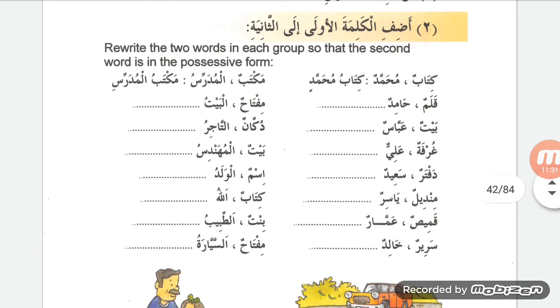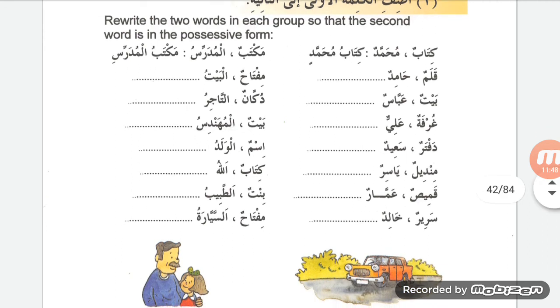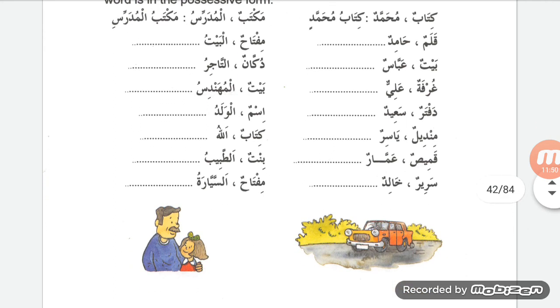Okay, have a look at this. Rewrite the two words in each group so that the second word is in the possessive form. Kitabun Muhammadun. So Kitabu Muhammadin, book of Muhammad.